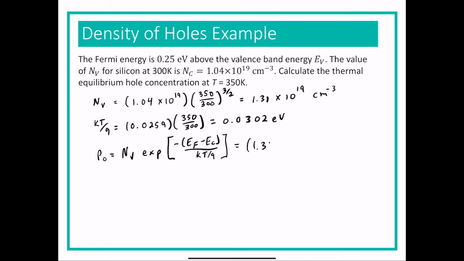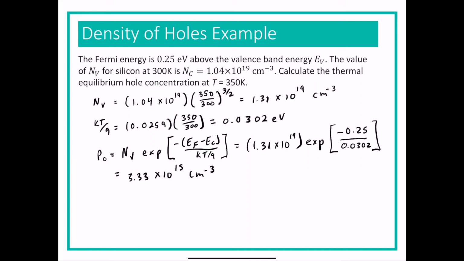And we get 1.31 times 10 to the 19 times the exponential of minus 0.25 over 0.0302, and we get 3.33 times 10 to the 15 per cubic centimeter.